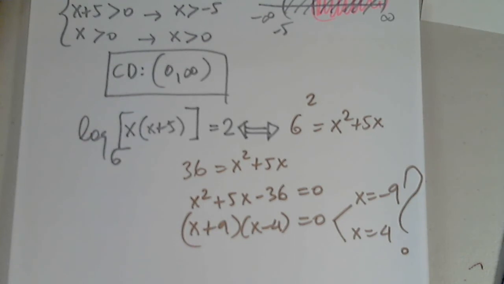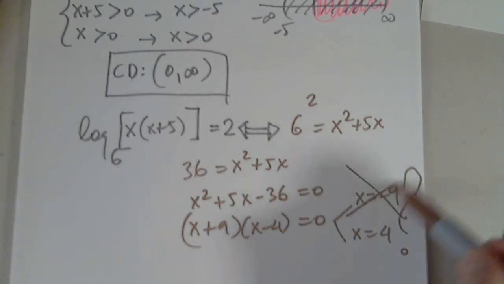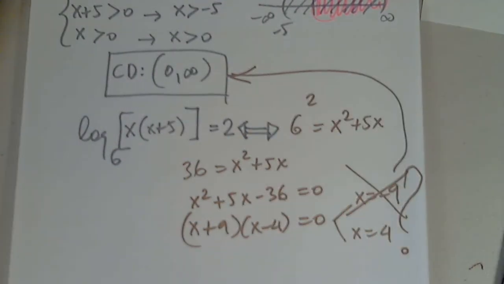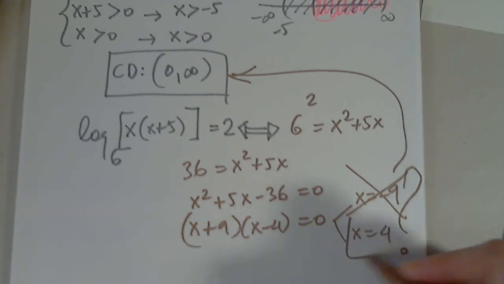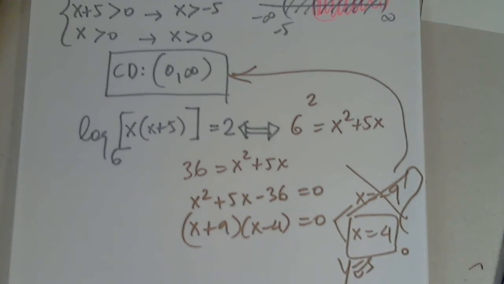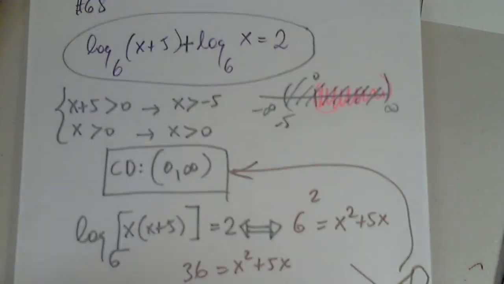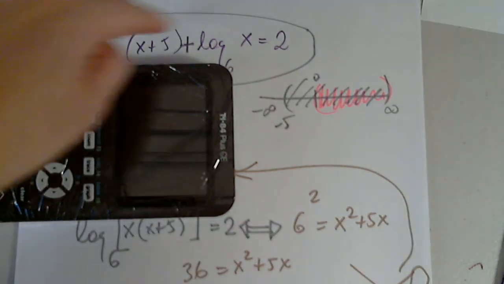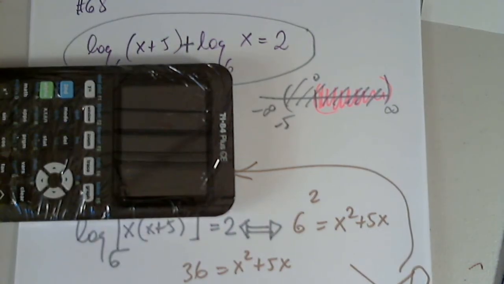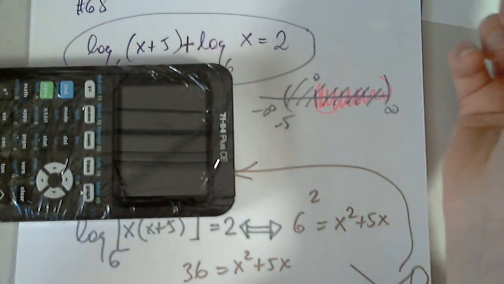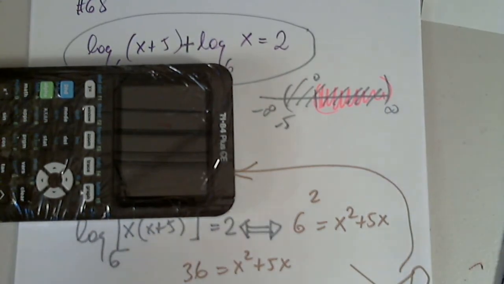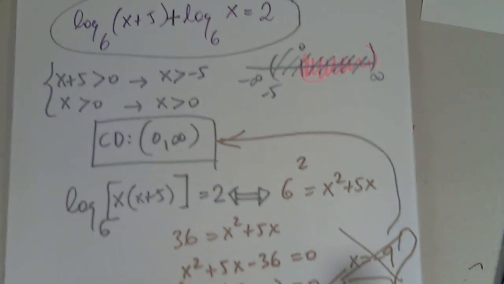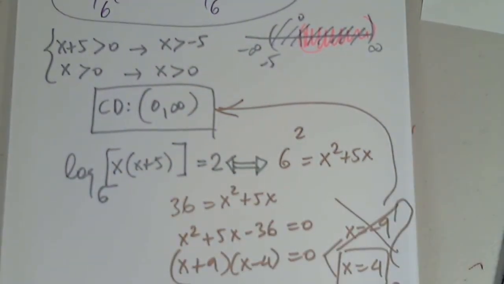Why is there a question? x equals -9 can't be a solution because we already said that x has to be between 0 and positive infinity. Excellent. Again, if you don't state the domain, then you get -9 and 4, and you have to go back and plug them in. When you plug in -9 in here, you know it's not going to work, so you can disregard it. That's the method of solving log equations.